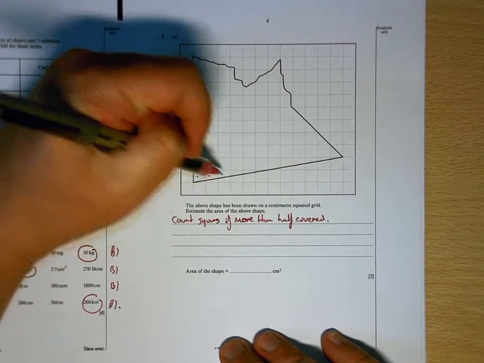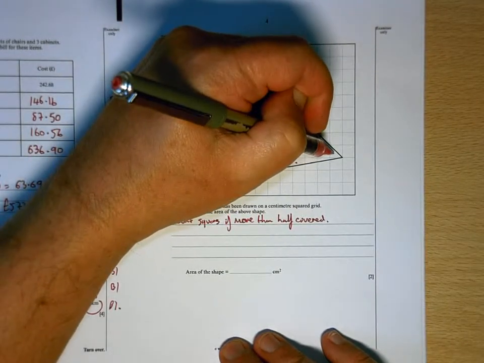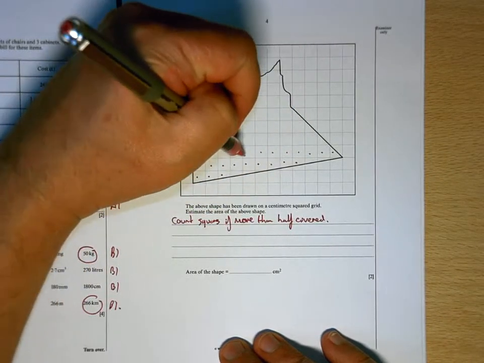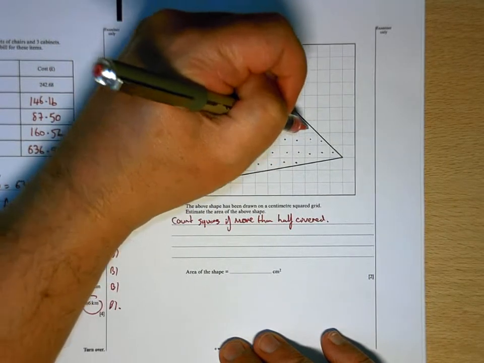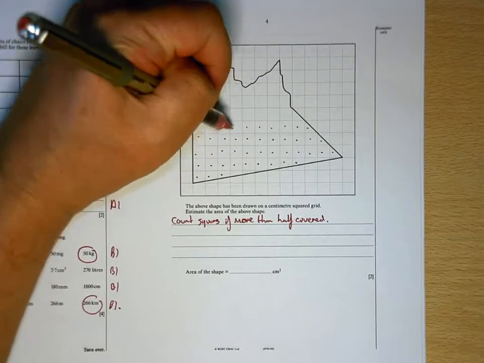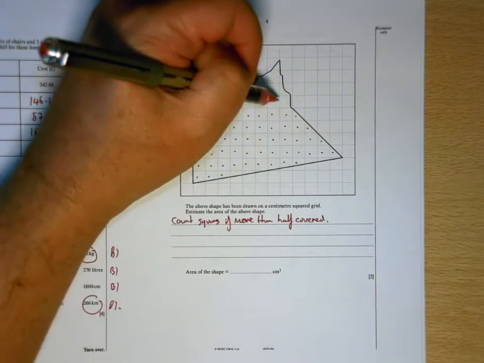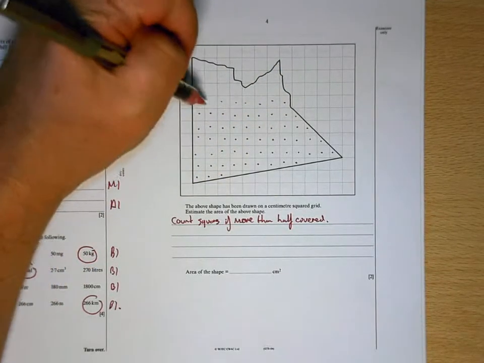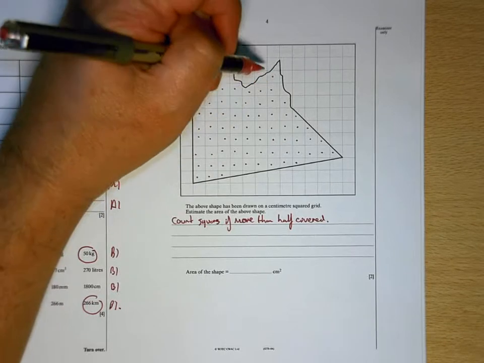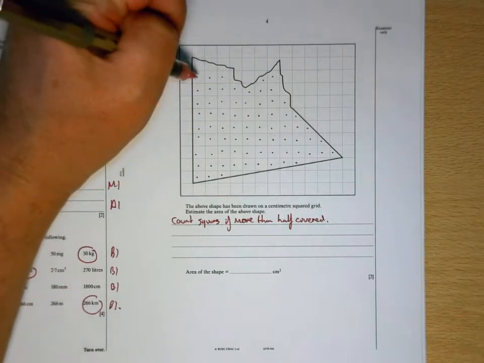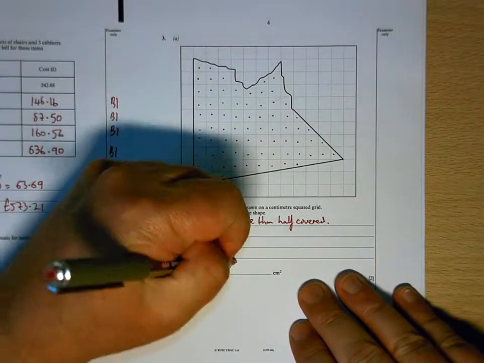So counting the dotted squares, 1, 2, 3, and so on up to 75. 76 is my estimate.